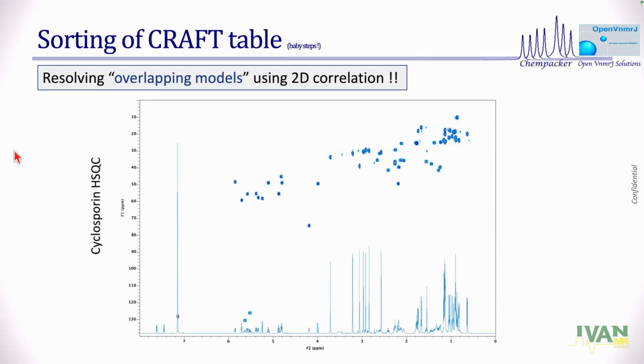So, resolving overlap models. Here is a 1D spectrum of cyclosporin, and a 2D HSQC. I take HSQC again. Remember, I'm still taking baby steps, meaning that I take things that I understand better. HSQC is probably the simplest form of a 2D spectrum that I can imagine. That's a nice one because the carbons, I understand. But eventually I want it to be completely agnostic to the 2D.